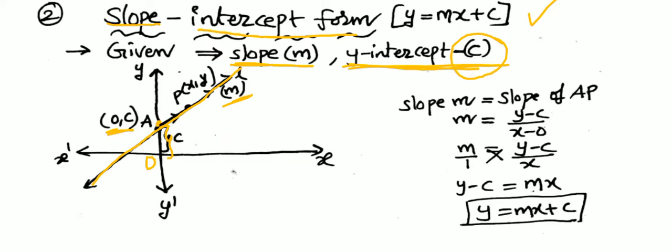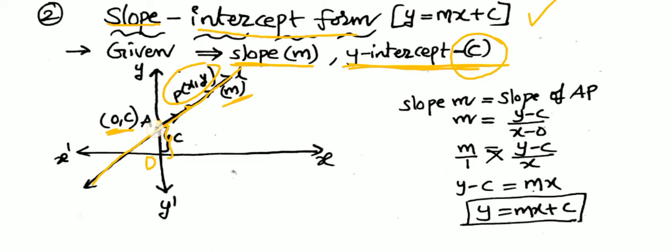So A = (0, c). After that, you have to consider another point (x, y) such that it satisfies the condition of the line. P(x, y) is the point I am considering.